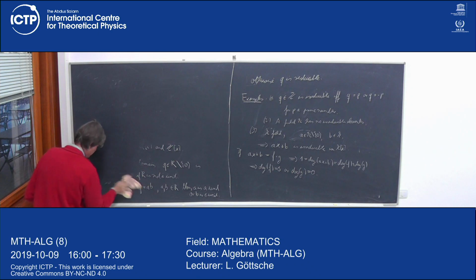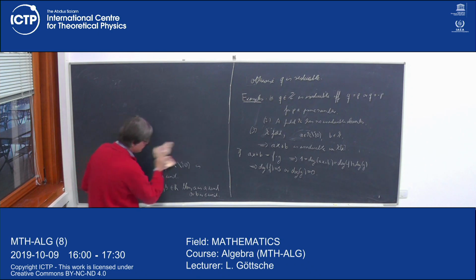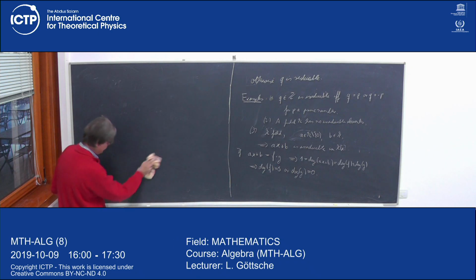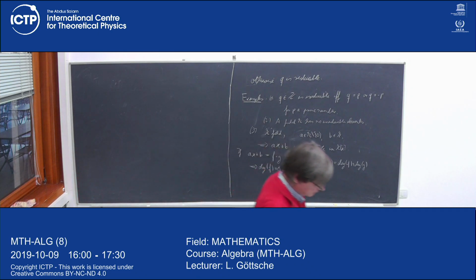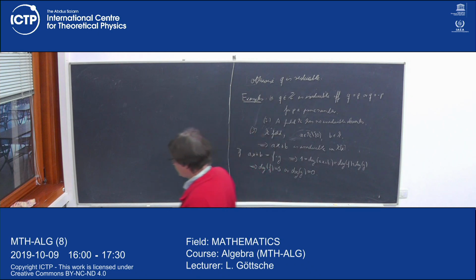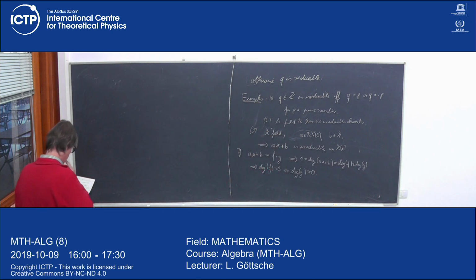One further thing that we have is that if we are in a principal ideal domain R, and P in R is irreducible, then the ideal generated by an irreducible element will be a maximal ideal.